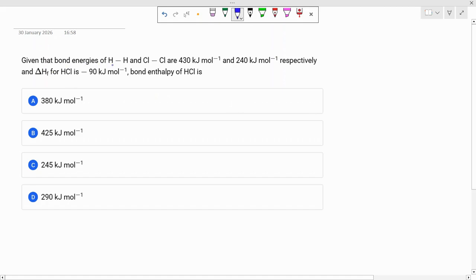Bond energies of H-H. According to the NTA part, bond energy is nothing but the energy given to break 1 mole of bond. Actually, 1 mole of single bond molecule you have to take, and you should be very careful. You have to take that in gaseous state.